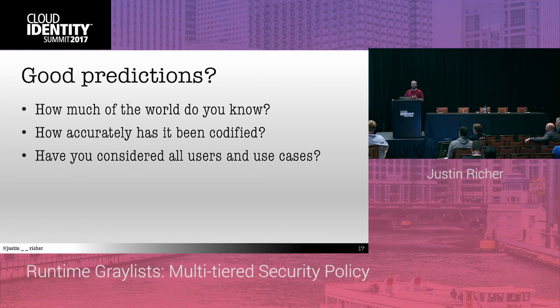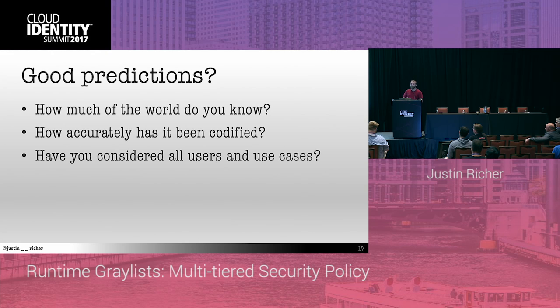So the whole value of a whitelist-only based security model is based on how good your predictions are. How good are you at figuring out who's doing things, what they're doing, what they want to do, and how accurately can you codify everything in your description language? Now, this track is being hosted by Axiomatics, and they will be happy to sell you something that gives you lots of power in expressing all of these wonderful rules and things like that.